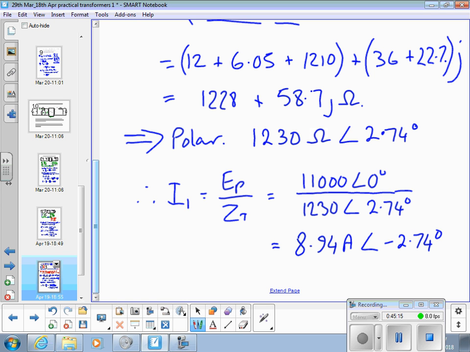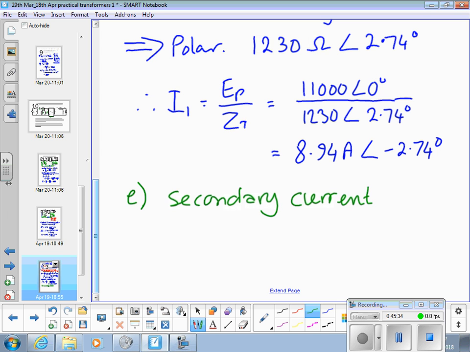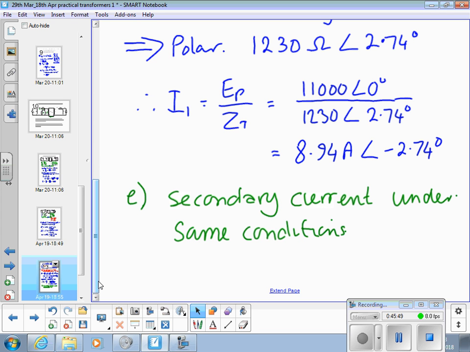The next thing I asked for calculating was secondary current. So this is E. Under the same conditions. How can we do that?